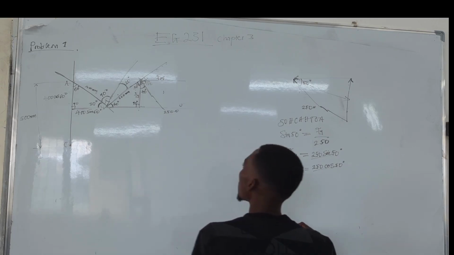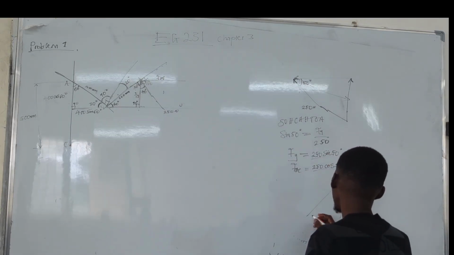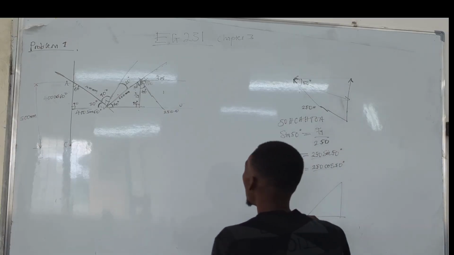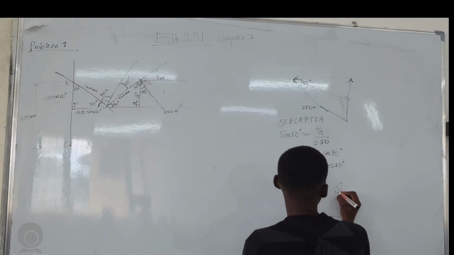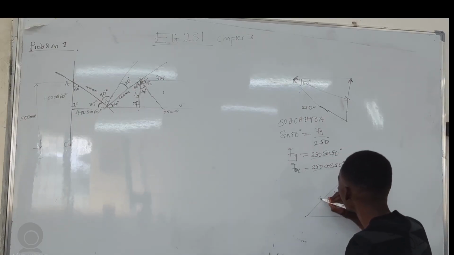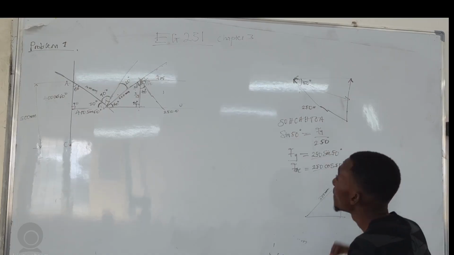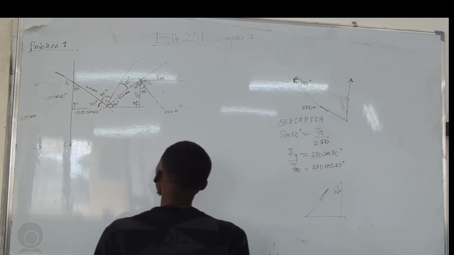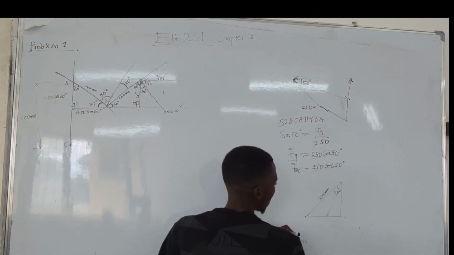Okay, so the other part is like this, okay? And we have a distance here, we have an angle here, an angle of 50 degrees, and a distance of 300 millimeter, okay? So we can also use SOHCAHTOA to find the missing distances, okay?